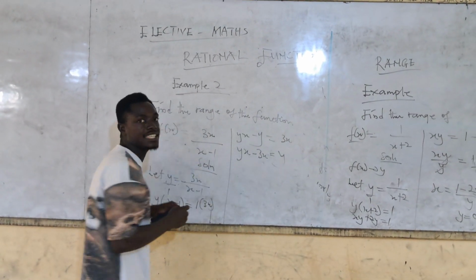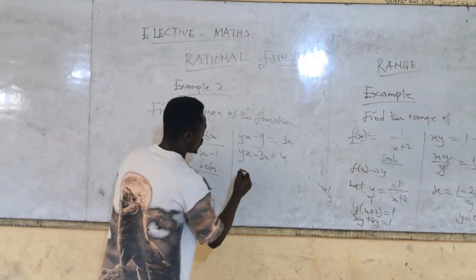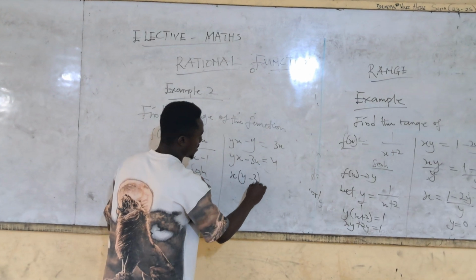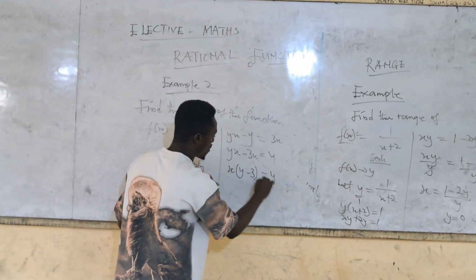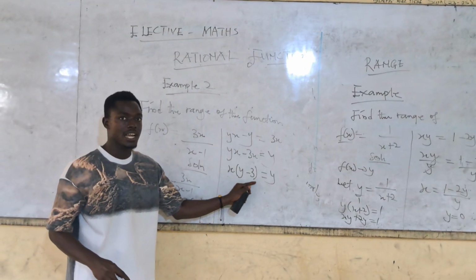Now x is common to this side, so you can factorize x out. If you factorize x out, you have x times y minus 3 equals y. Therefore, we want x, not x multiplied by what's in the bracket.